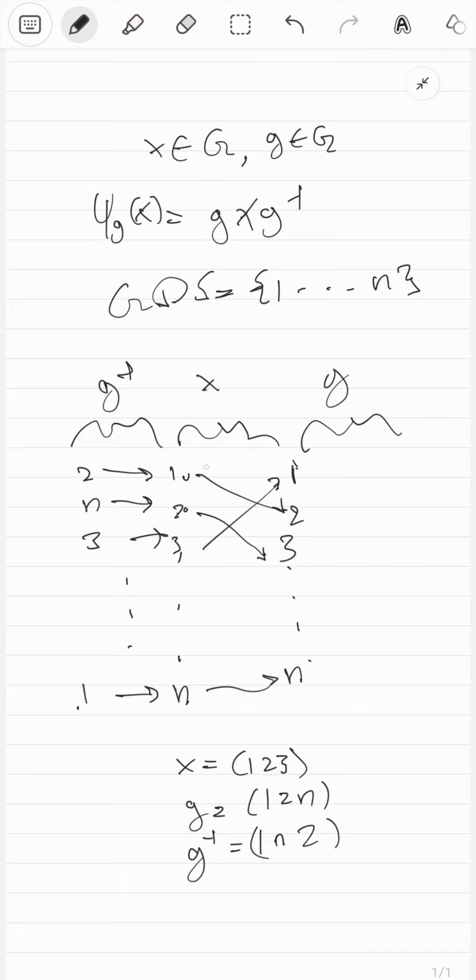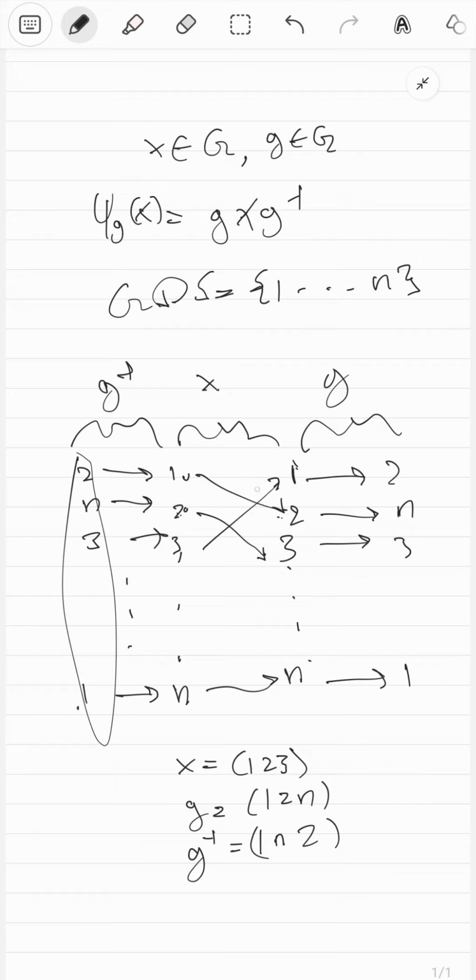So 2 actually goes to 2, but then that 2 is going to go back to whatever g of 2 is. So g of 2 is actually n, so this is going back to n, right? And g of 3 is 3, and then so on. So g of n is 1 and this thing is 2, right? So these two are essentially the same, right?